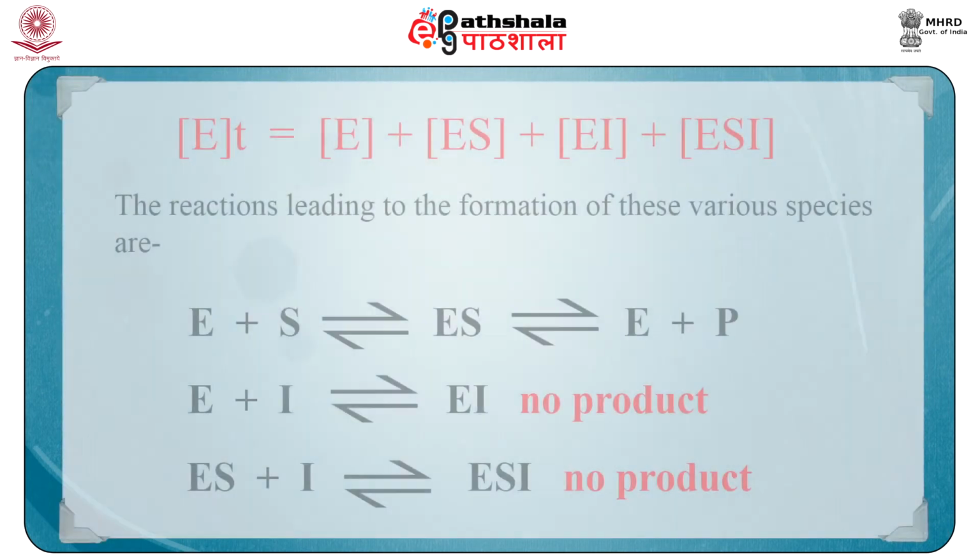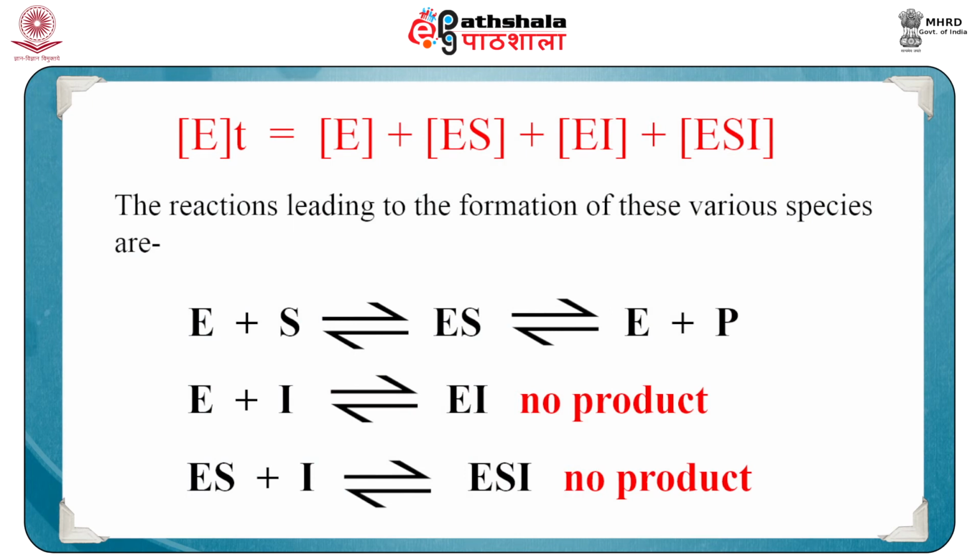The various enzyme species in the presence of a mixed inhibitor are therefore ET is equal to E plus ES plus EI plus ESI. Note that mixed inhibition has the features of both competitive and uncompetitive inhibitors.